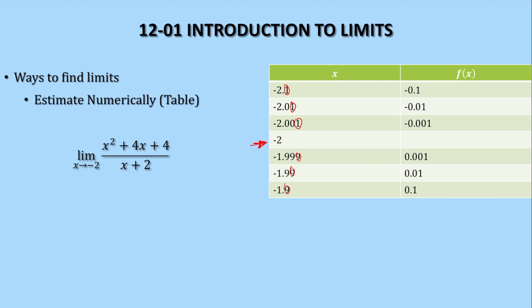So when I plug in -2.1 into the function, I get -0.1. When I plug in -2.01, I get -0.01, and so on. So you can see here, what is this getting close to? Between the negative and positive, it's going to be 0. So it's approximately 0.